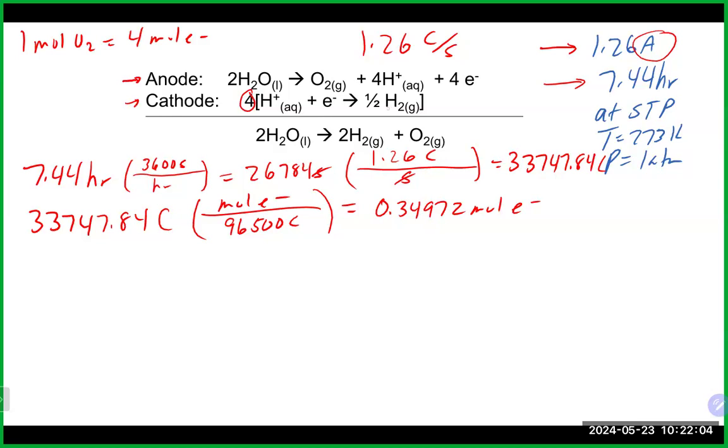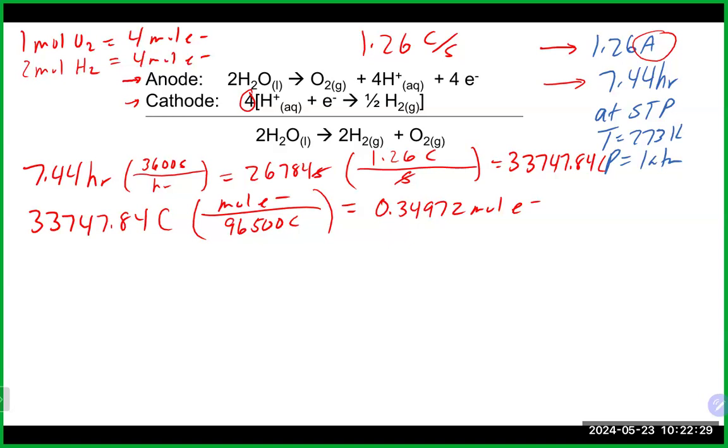If we multiply the 4 into everybody, we get 2 moles of hydrogen gas for 4 moles of electrons, or you could reduce it down to 1 to 2, which is the same relationship. You could do either one. Any questions on how we got those?